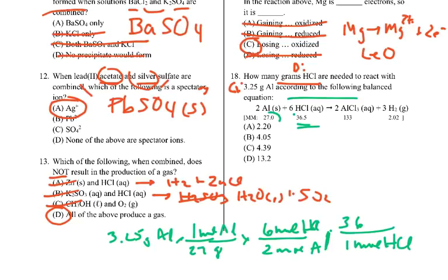So all the information is there, we just have to put it in the right place. And if you look at the actual posted answer for this test, you can see this calculation much better. So 3.25 divided by 27 times 6 divided by 2 times 36.5. When I do that, I get 13.18, which would be answer D, 13.2 grams of HCl.